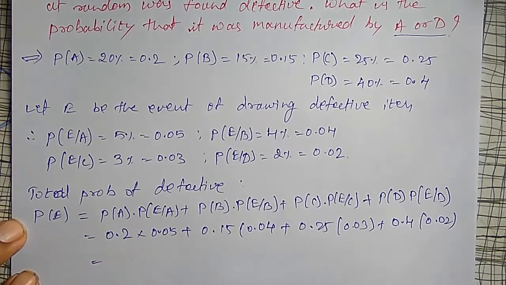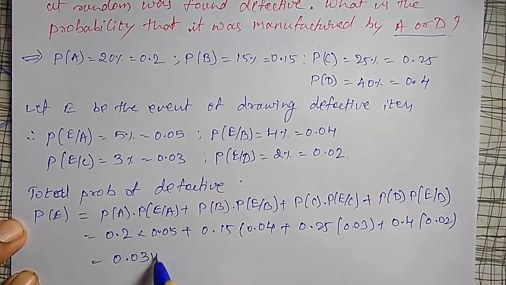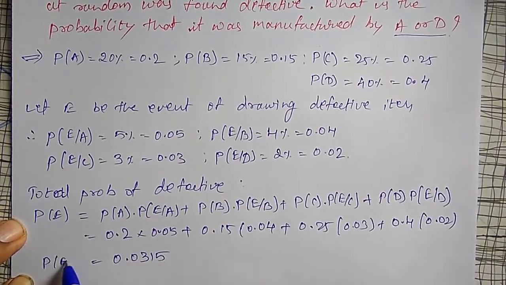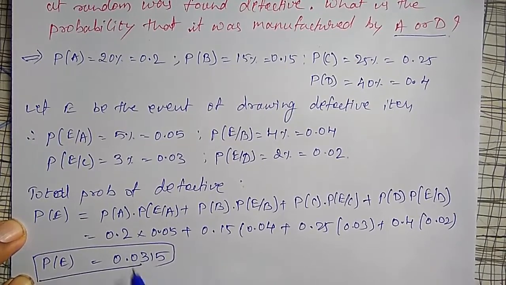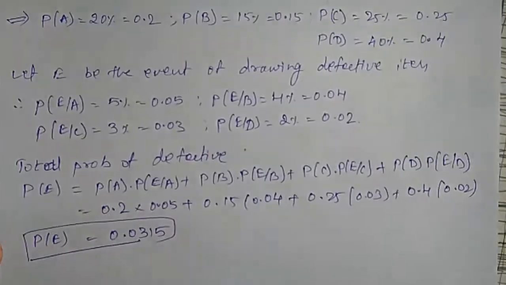Simplifying this using the calculator, I am going to get 0.0315. This is the total probability of E. Not necessary, but directly for my further use.